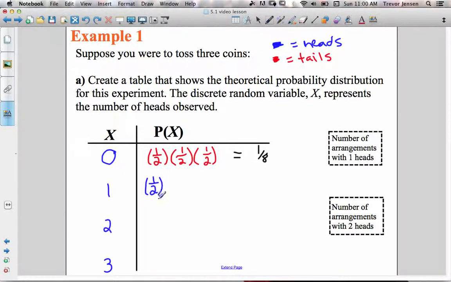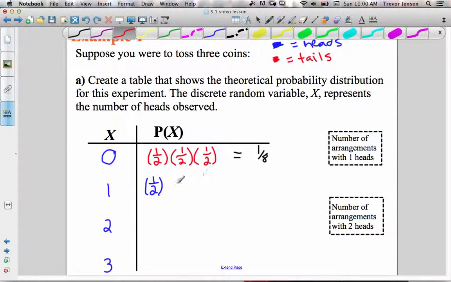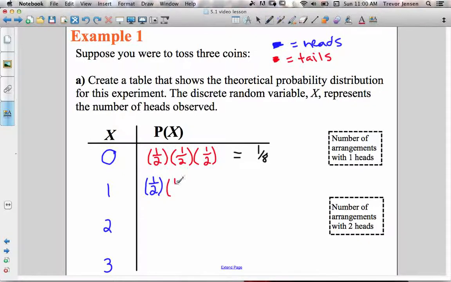Notice I used blue for this one because this one is going to be flipping a heads. Next, if one of my 3 needs to be heads, so if my first one is heads, that means my next 2 have to be tails. So I need to do heads, and then tails, and then tails. So probability of heads times probability of tails times probability of tails. So probability of tails for my second coin is 1 over 2. Probability of tails for my third coin is 1 over 2.